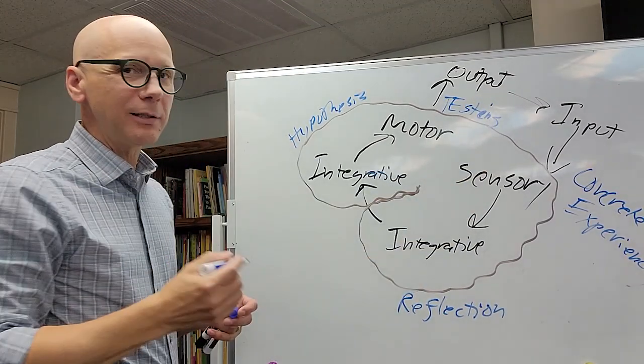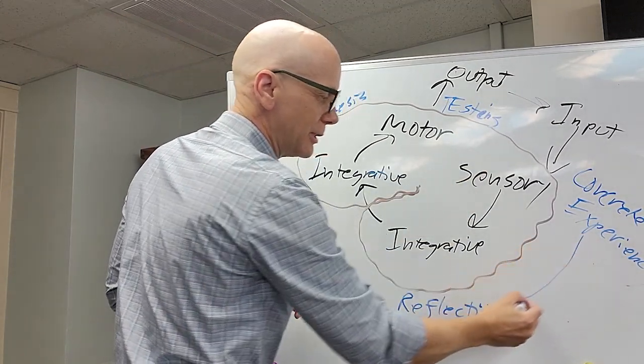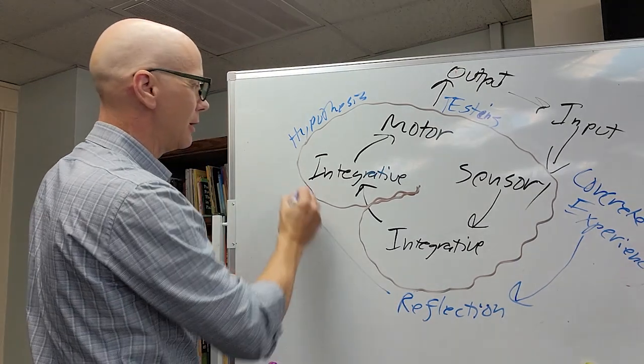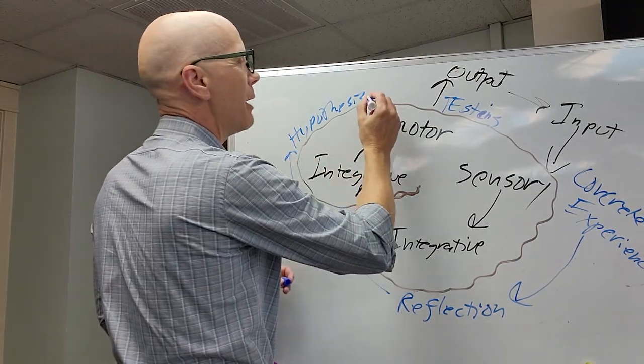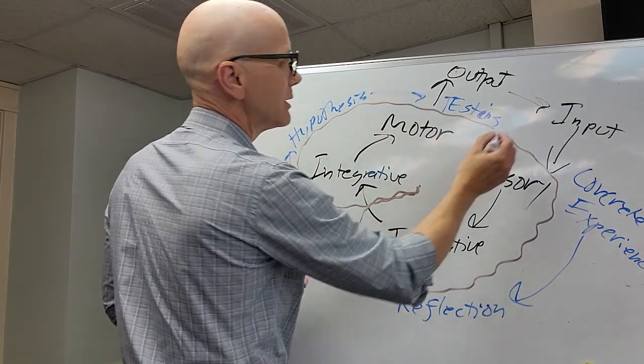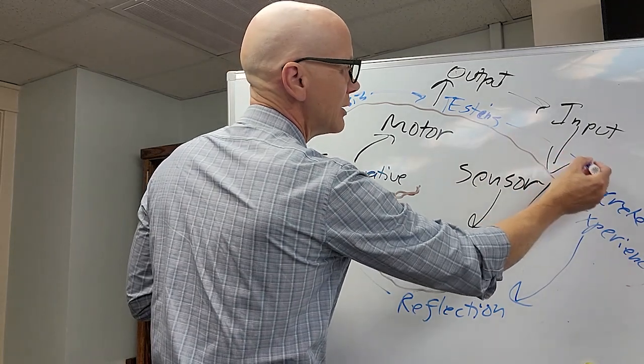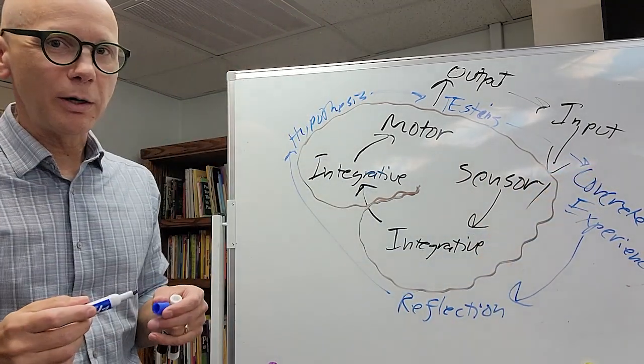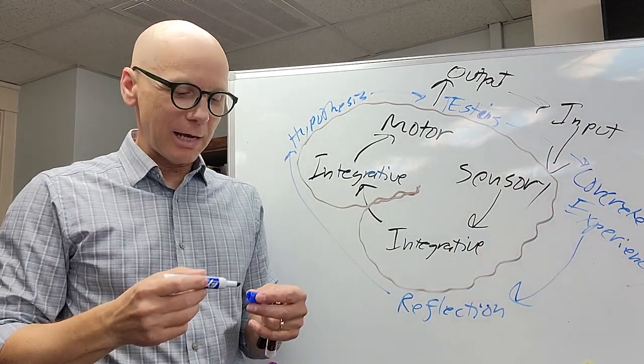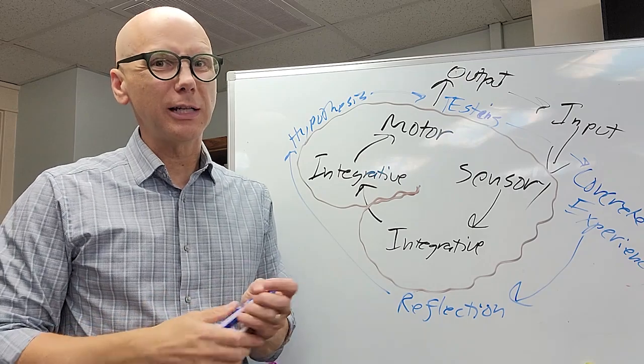Right? And this is also a cycle, from concrete experience to reflection to hypothesis generating to testing, and then this comes back to a new concrete experience, because when we actively test an idea, that's creating an experience in and of itself.